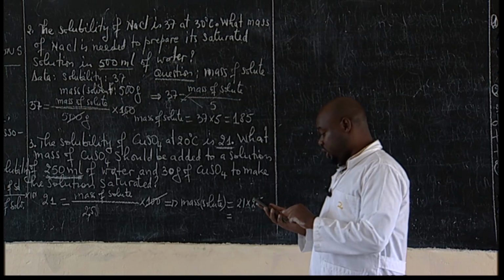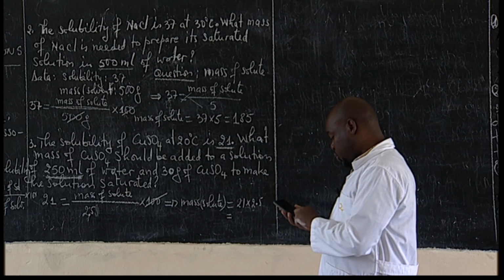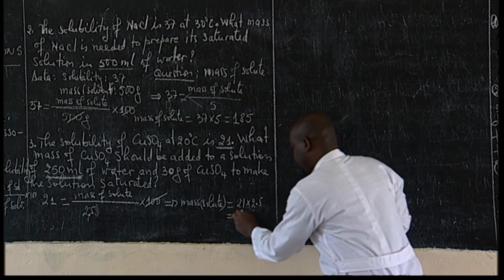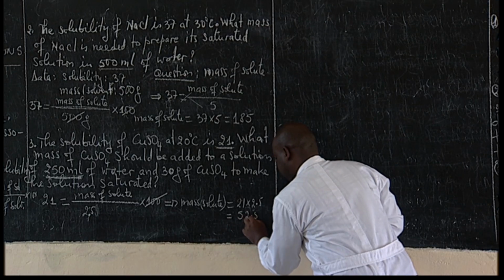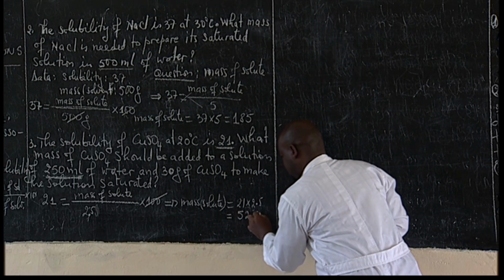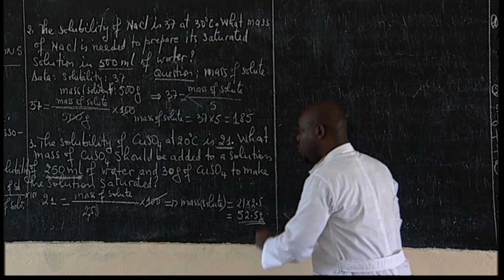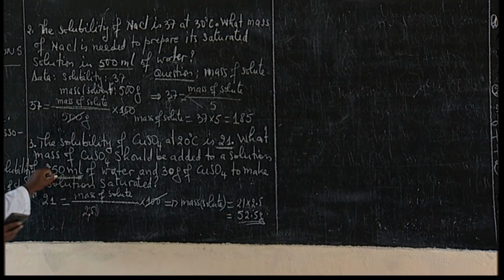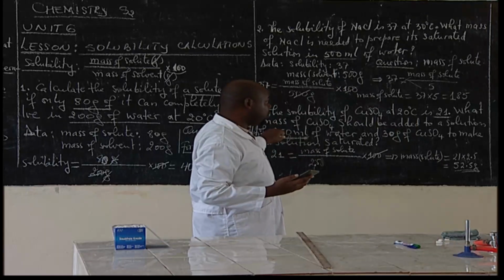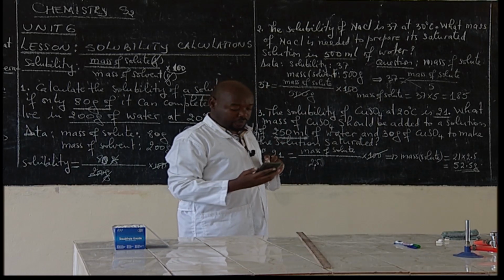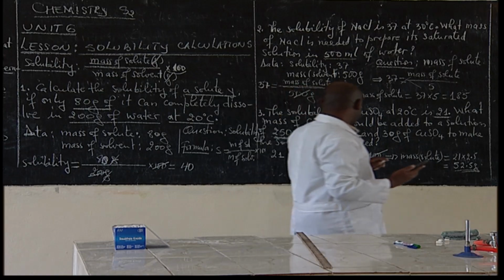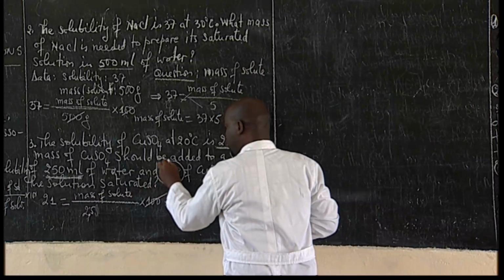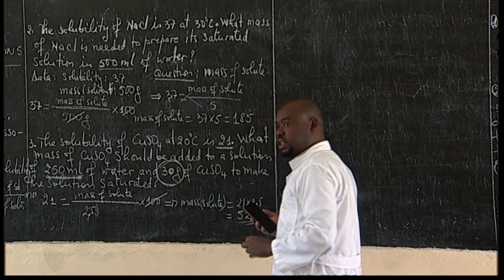If you use your calculator, you find that 21 times 2.5 is equal to 52.5. So this is the mass of copper sulfate we have to add to this amount of water to make a saturated solution. And it is said that we have already a solution containing 30 grams.